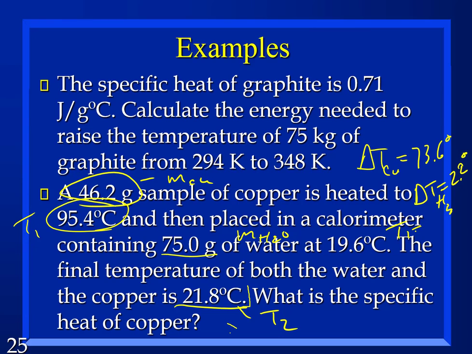Heat the water got, the copper lost. The reason why the water got hotter was because the copper got colder. So 75 times 4.18 times 2.2 is 690 joules. So that 690 joules goes right there.